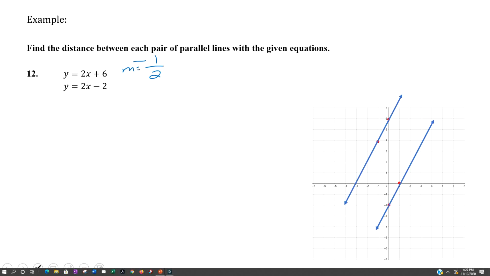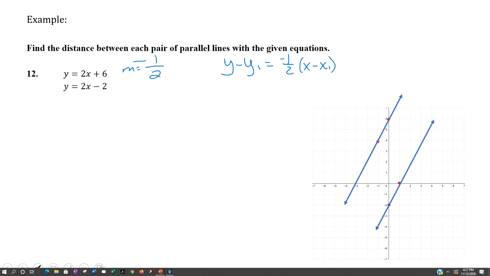I have a couple of points. I have an x-intercept, and a couple of y-intercepts, so I can create my equation of a line again. I'm using point-slope form. I plug in a point, so I'm going to plug in (0, 6) for my x and y values.